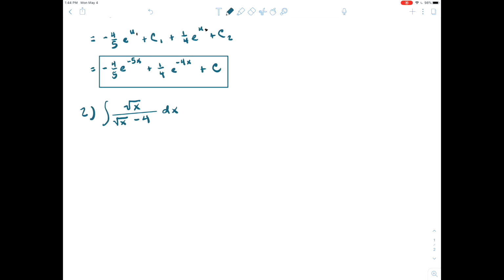So if we were to let u equal to x to the 1/2 minus 4, right? Then I'm going to do a little differently. If we look at d dx of both sides, what would happen?